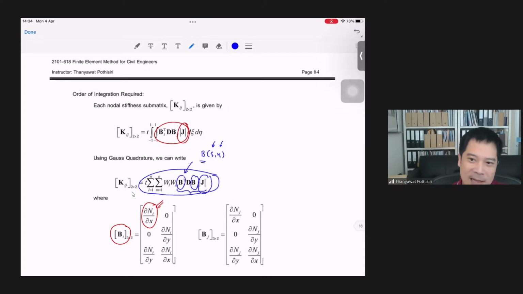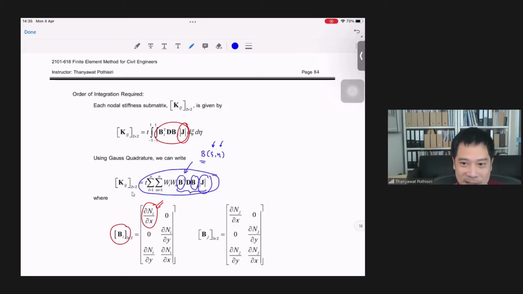So within an element, if you want to choose the value of strain to be the representative value for your element, then you would prefer choosing the value of strain at the sampling point because you are computing the B matrix at the sampling point. But in some cases, you may want to use the strain values at other points within your elements as well.